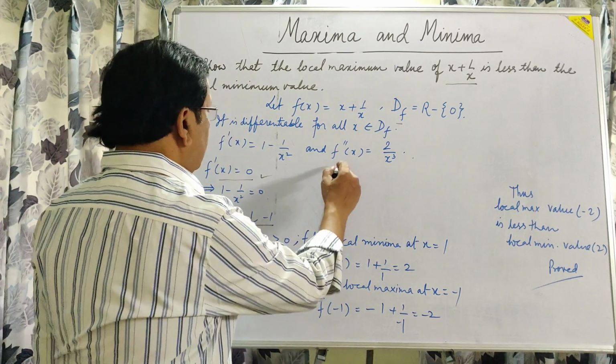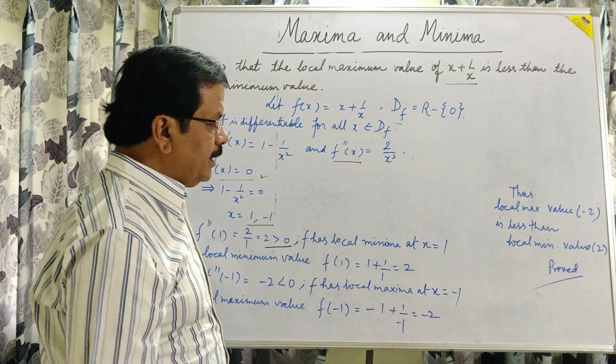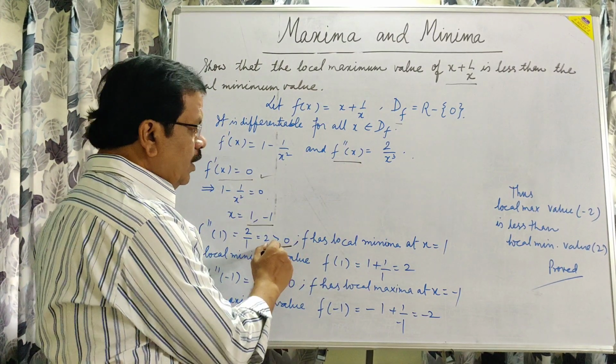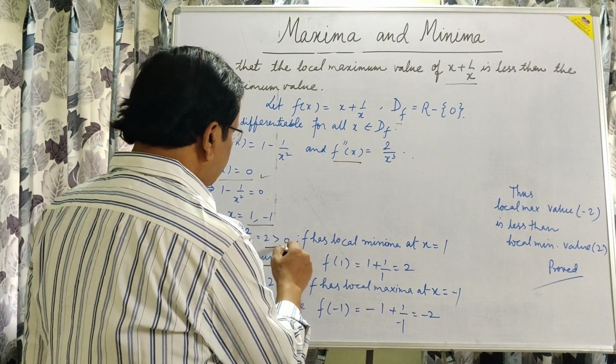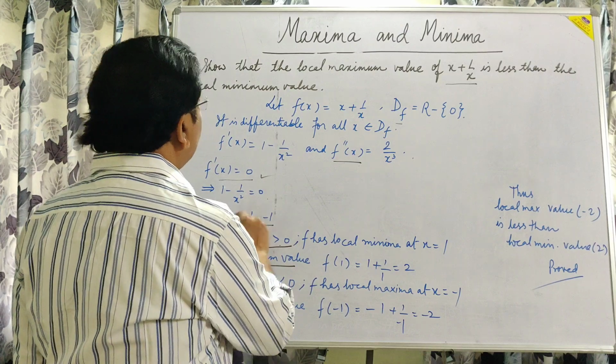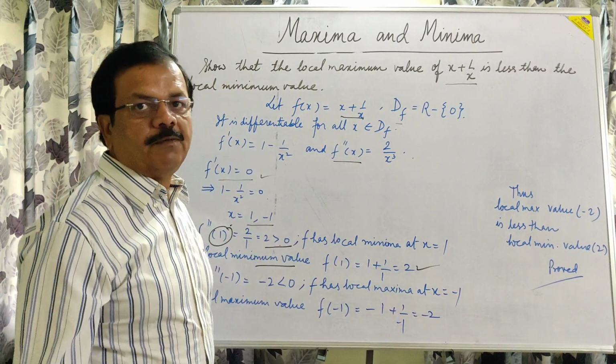Now we find f double dash x at 1, which comes out greater than 0, and that is why this is local minima. Putting the value 1 in the given function, we get 2, and this is the local minimum value.